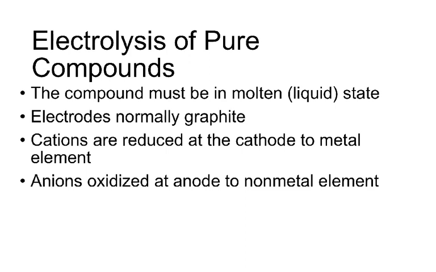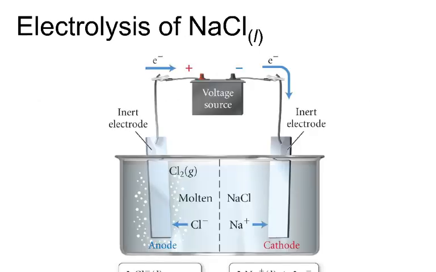If we're using pure compounds, the compound needs to be in its liquid state. Cations are reduced at the cathode to the metal element, and anions are oxidized at the anode to the non-metal element. So, for example, if you wanted to make sodium chloride into sodium and chlorine, you could use electrolysis for that.